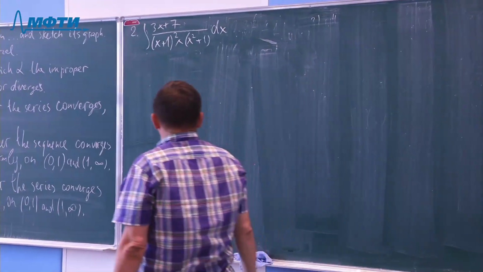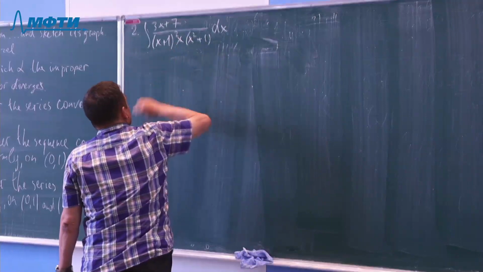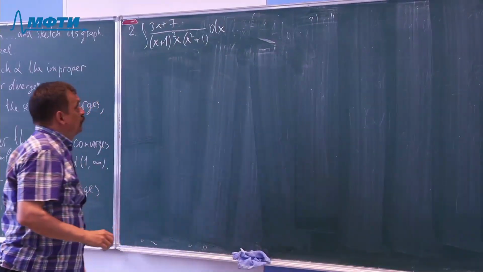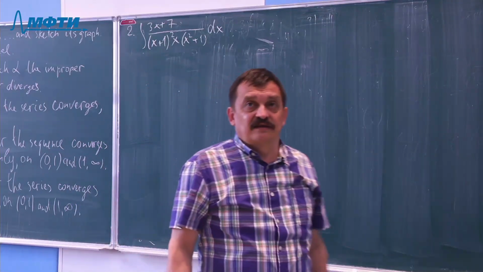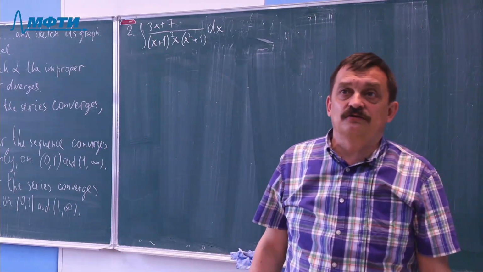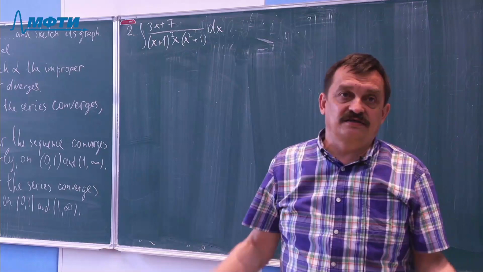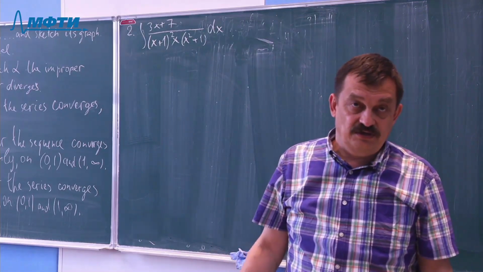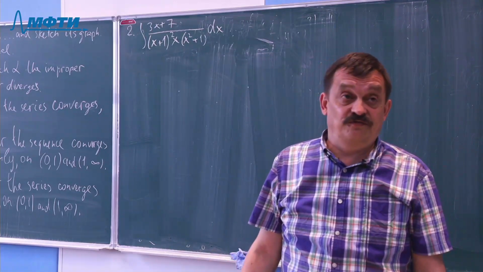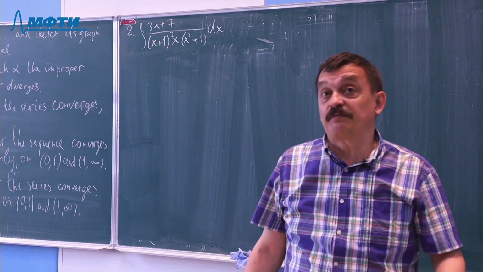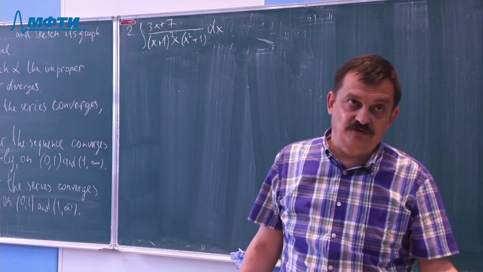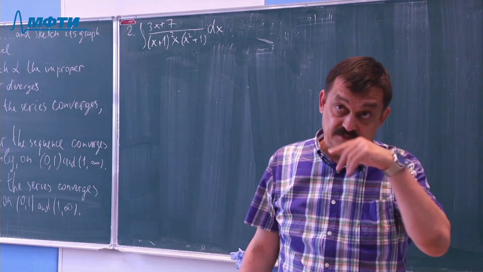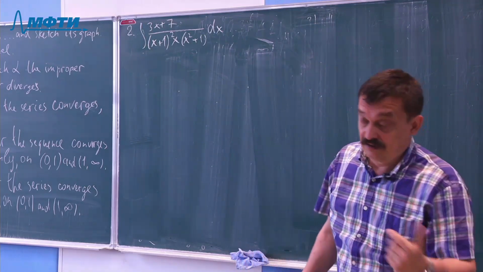Don't worry. Here, the degree of numerator is less than the degree of denominator, so we don't need to make extra division. And please be careful and be prepared for possible division, so the degree of numerator may be greater or equal than the degree of denominator.